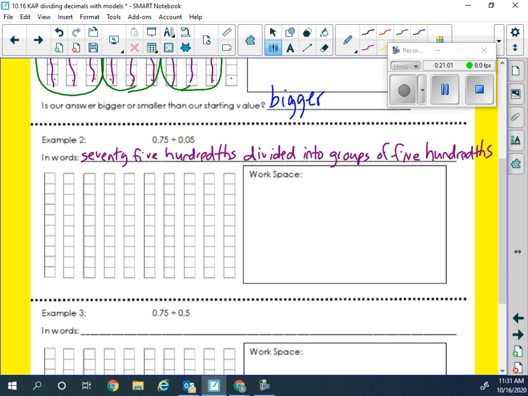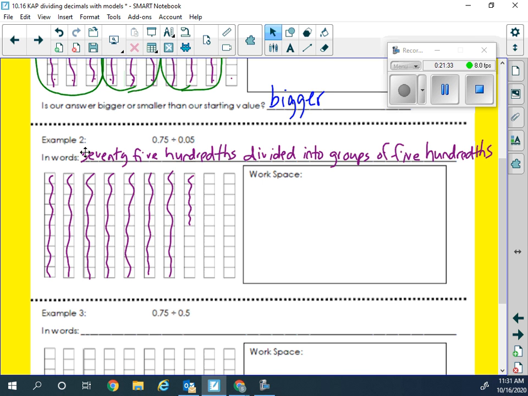Okay, so again, let's shade in what we need. So we only need 75 of those little squares, we don't need them all, okay? And now, we want to put them into groups of 500s.